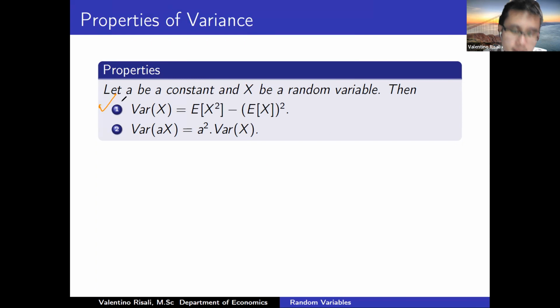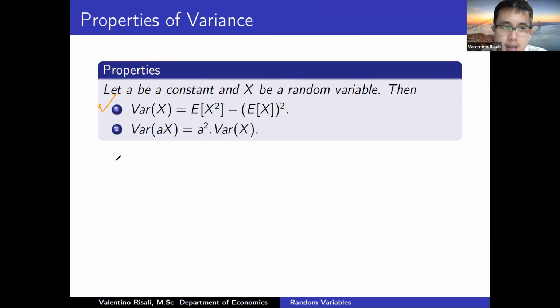The property 1 we had proven in the previous slide, and the second property is that the variance of aX is equal to a squared times variance of X, where we get this formula.